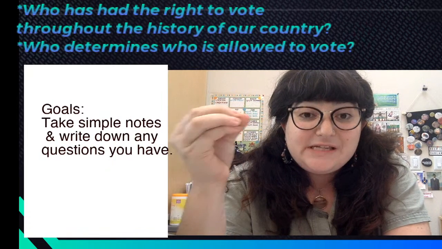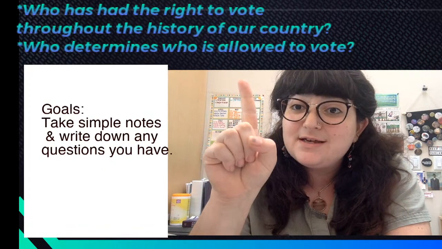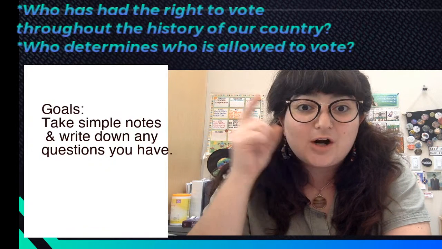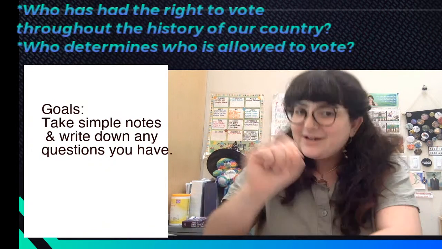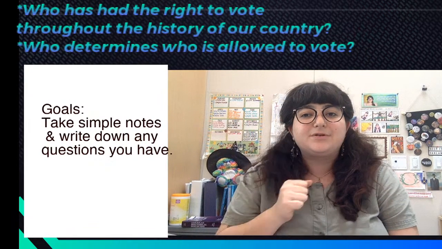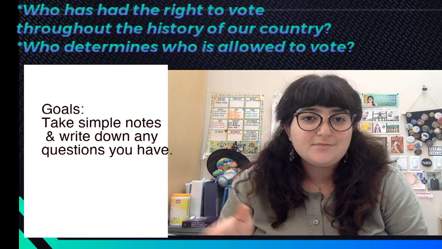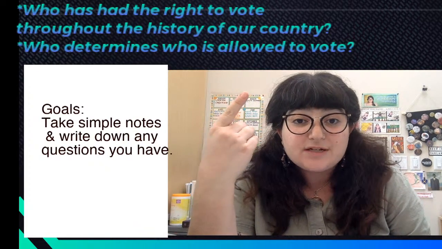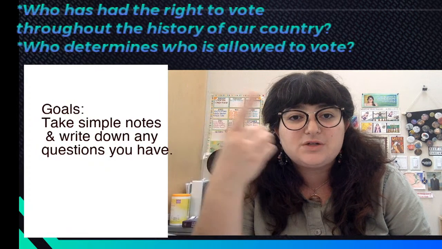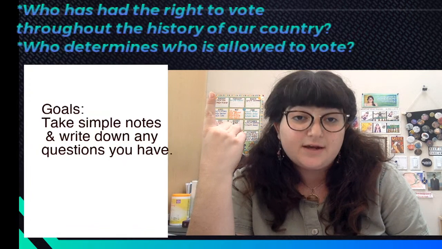It's likely you will need to watch that specific YouTube video more than once to really get a full picture of notes that are clear, and not just clear for you to write down, but that you clearly understand the progression of who was allowed to vote and how over time the voting history of who gets to vote has changed. Now, this question of who determines who is allowed to vote is a larger question that we likely are not going to answer today.